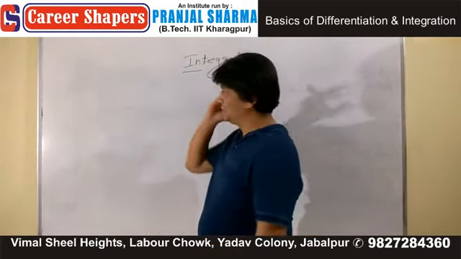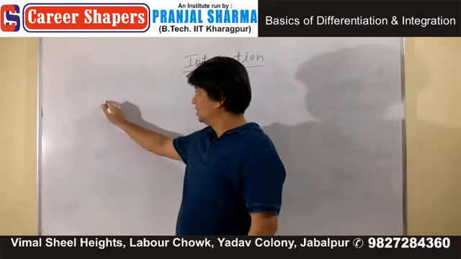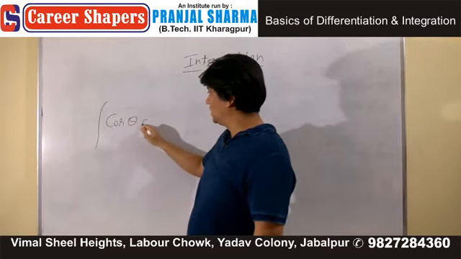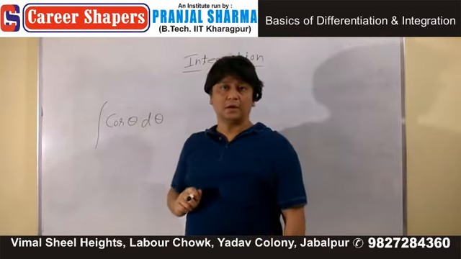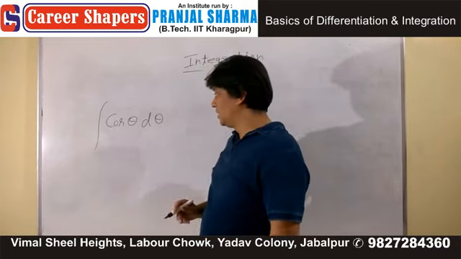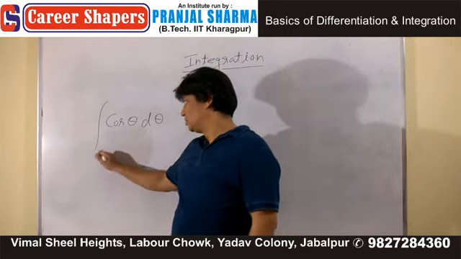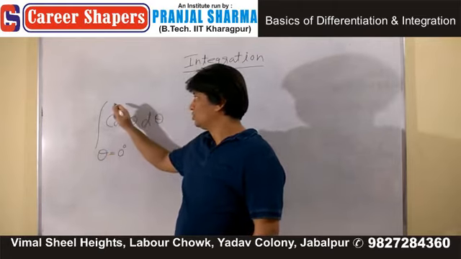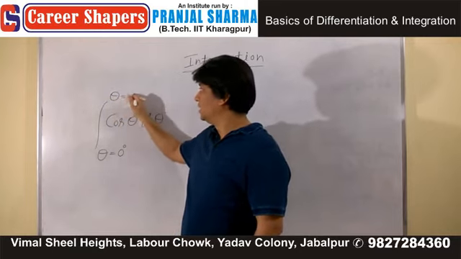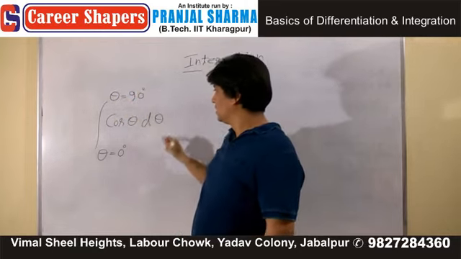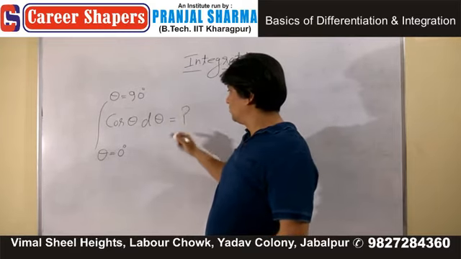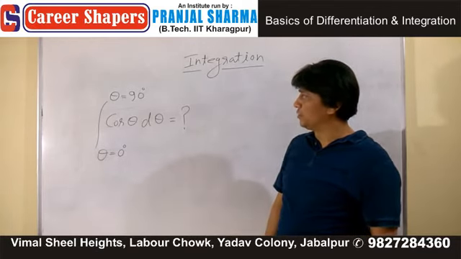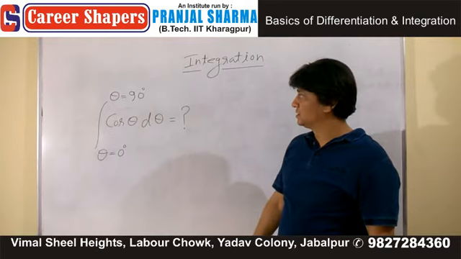First, let me see how much you already know. If I give you the integral of cos theta d theta, and I say theta goes from 0 to 90, then before I provide you the answer, let me see how many of you already know how to use these basic limits.